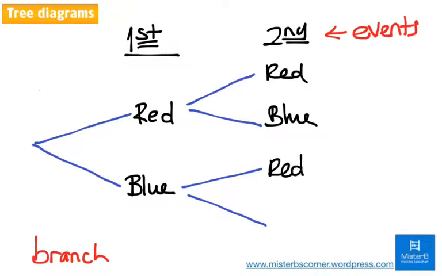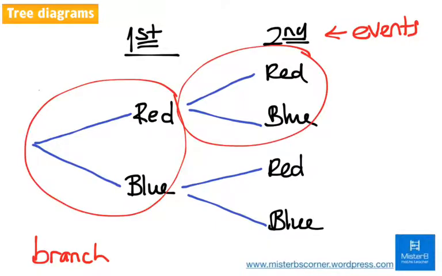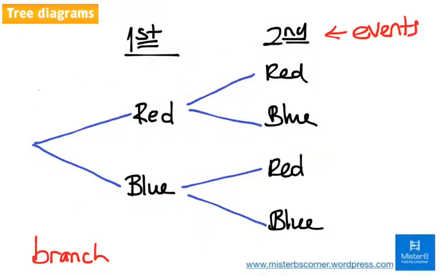And here it's going to be red and blue. Basically, you can see that I just copy-pasted this first one into here and here for the second event. All right? So I drew my branches, and I wrote my outcomes. I can get red or blue, right? I wrote all these here.